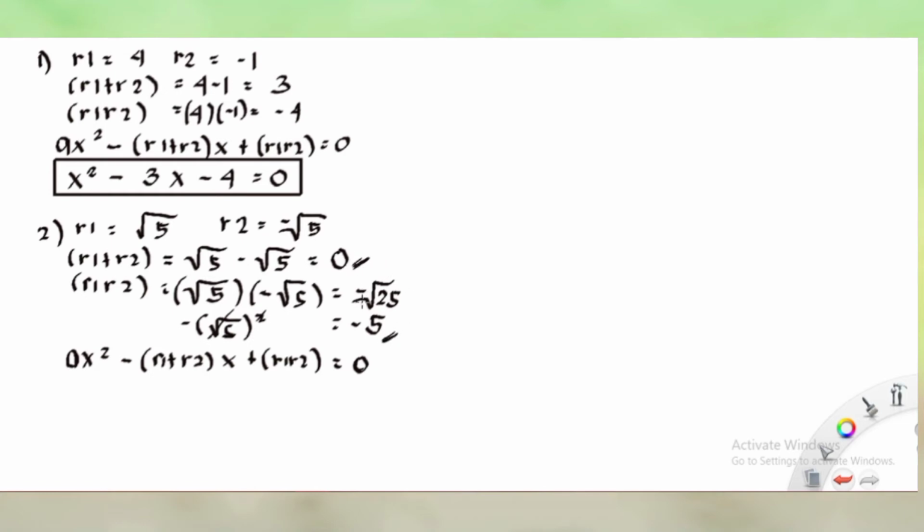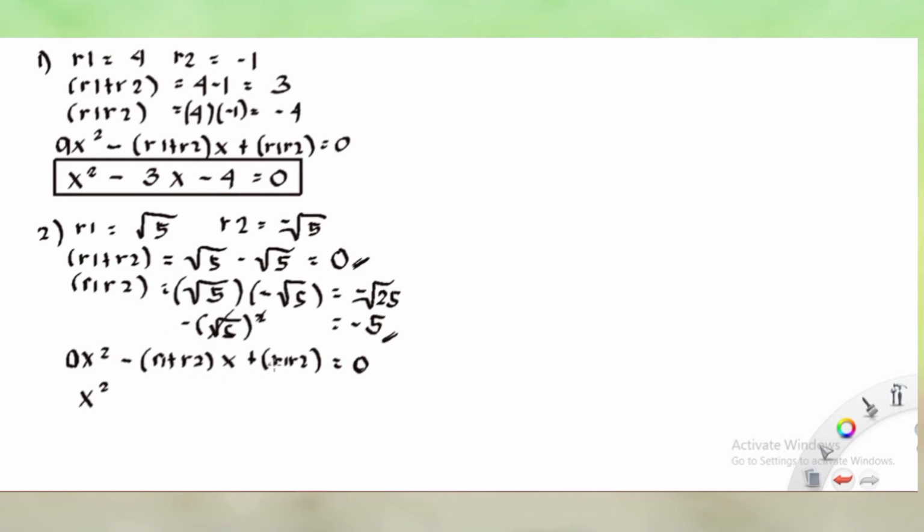Whole numbers, ang denominator is 1. So, a is 1. So, we will just write here x squared. And then, minus 0 ang sum natin times x, 0. So, mawawala yung ating bx because that is equal to 0. Okay, wala na eh. Kasi this is 0. 0 times x is 0. Okay, so wala na tayo nitong middle term.